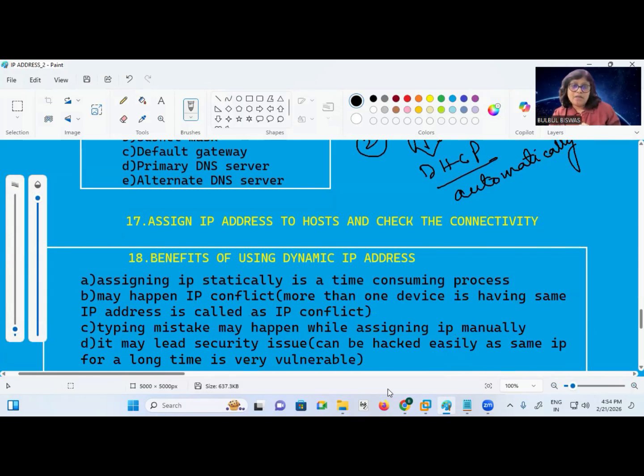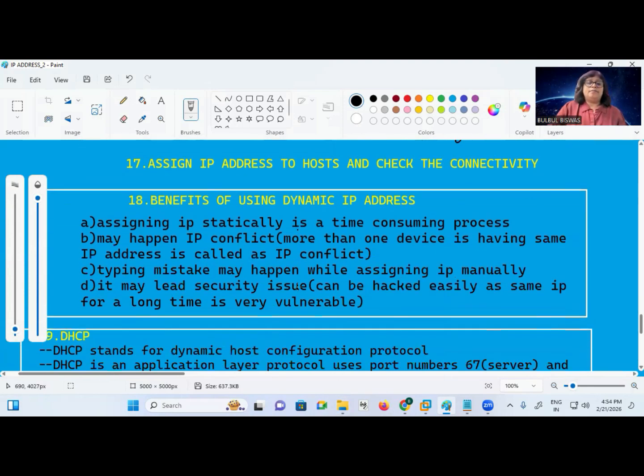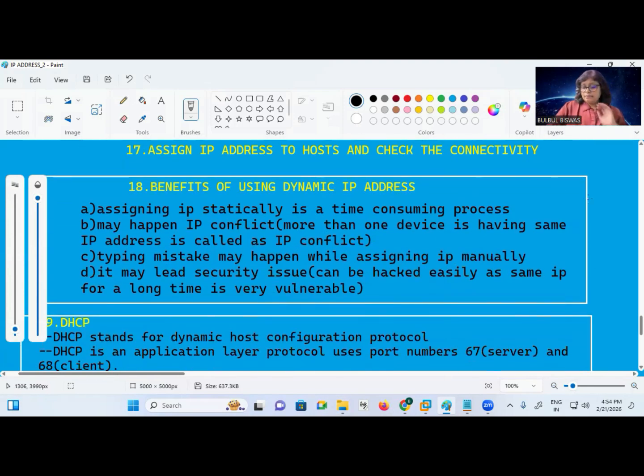We configure a server in our network and we assign IP addresses to the hosts dynamically with the help of the DHCP server. Now see the benefit. Assigning static IP is a time-consuming process in a large enterprise network. If someone assigns the IP address manually, it is next to impossible.